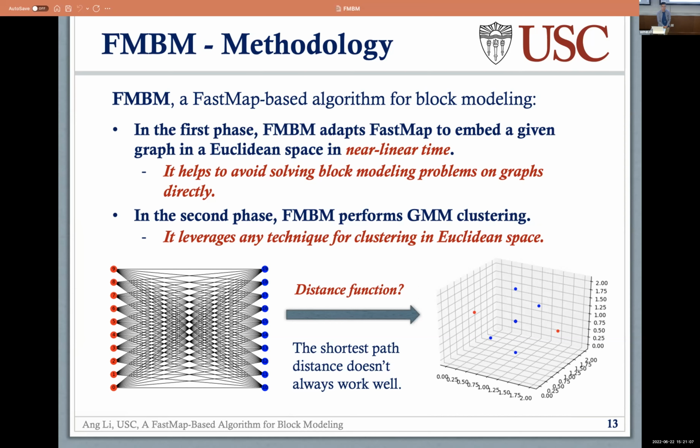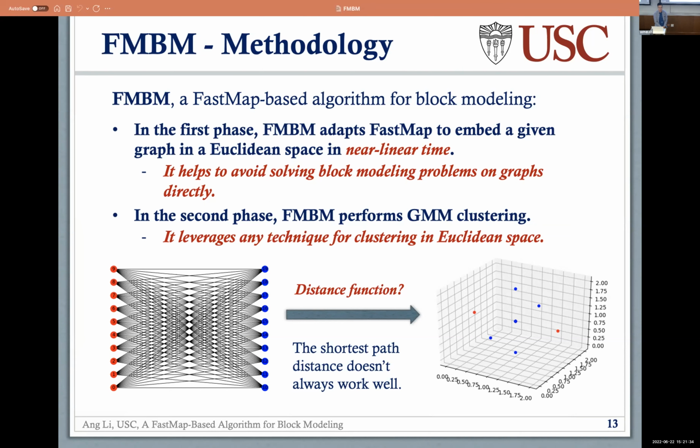In the first phase, it adapts FastMap to embed a given graph in the Euclidean space in near linear time, while preserving a desired graph-based distance among all the vertices. In doing so, it helps to avoid solving block modeling problems on the graphs directly, which would be computationally expensive and less effective when the graph is large.